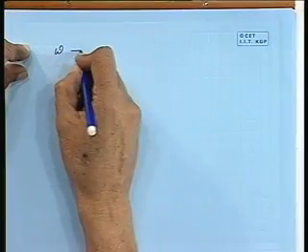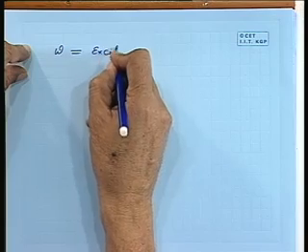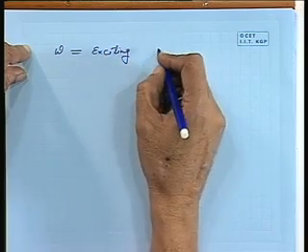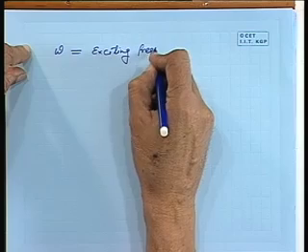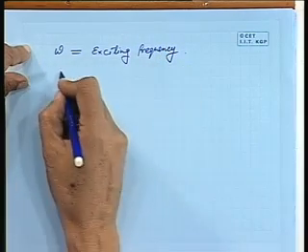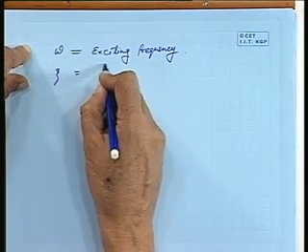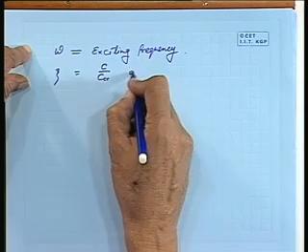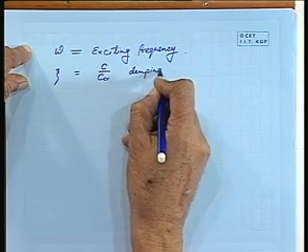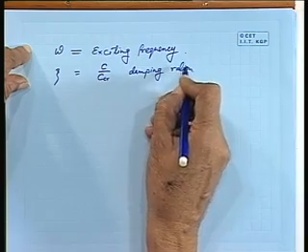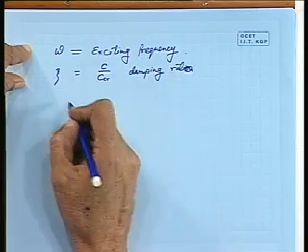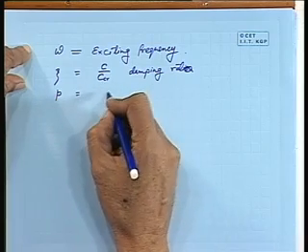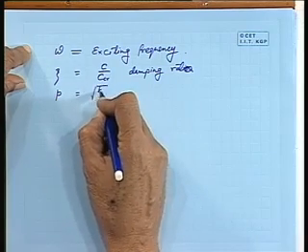So, now what is done here? There are 6 quantities which come into play. One is the exciting frequency, another is the damping ratio, third is the natural frequency, which is given by this.